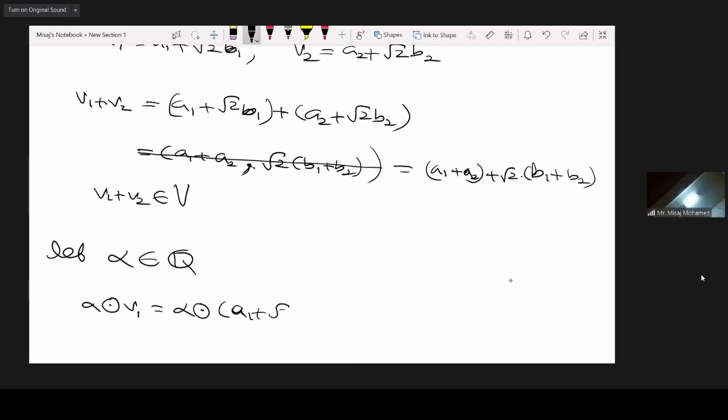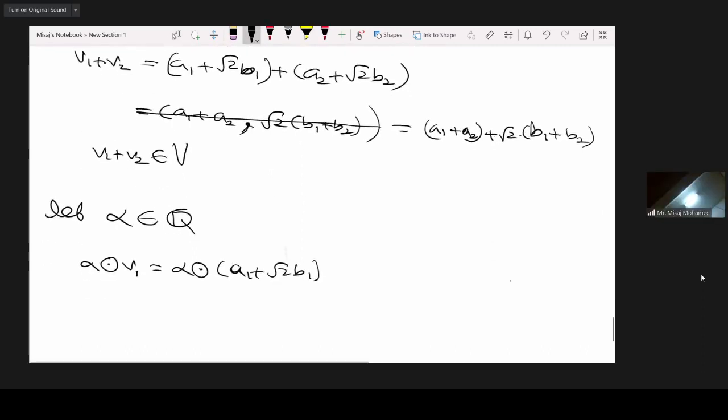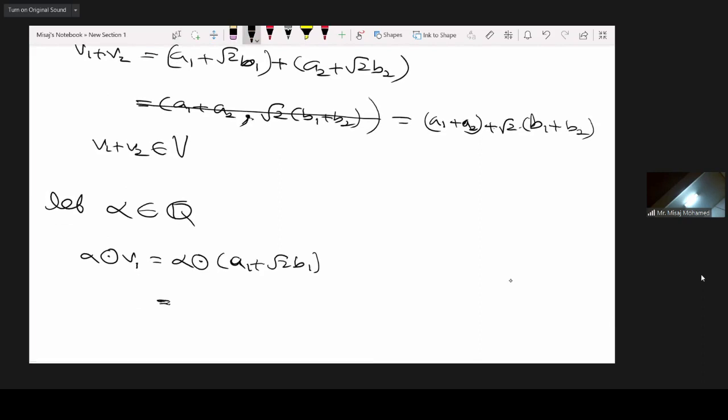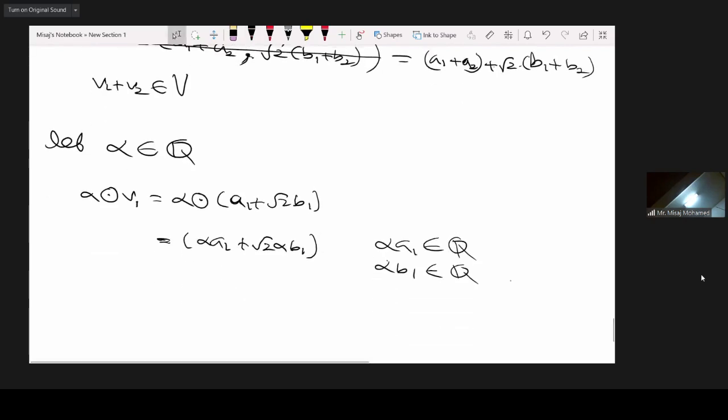Now take a1 plus square root b1. Now I can multiply: alpha a1 plus square root alpha b1. Are alpha a1 and alpha b1 rational?